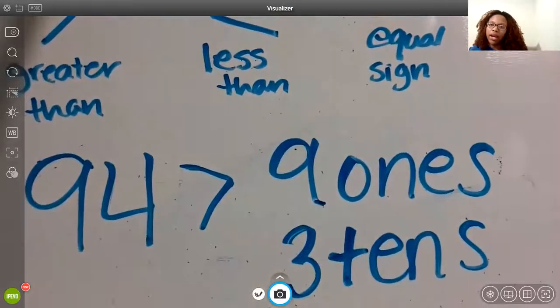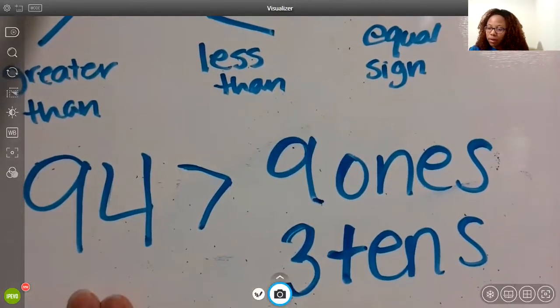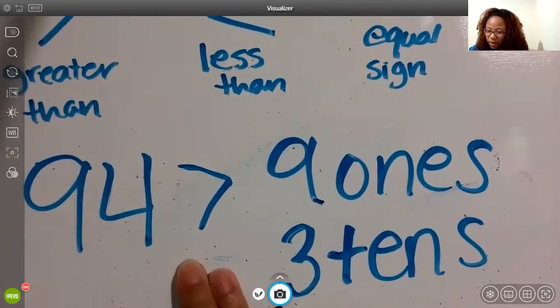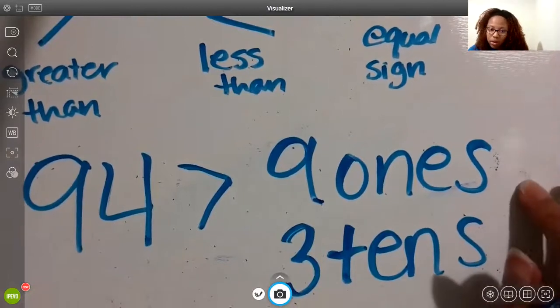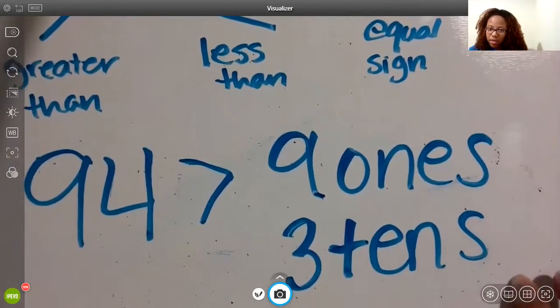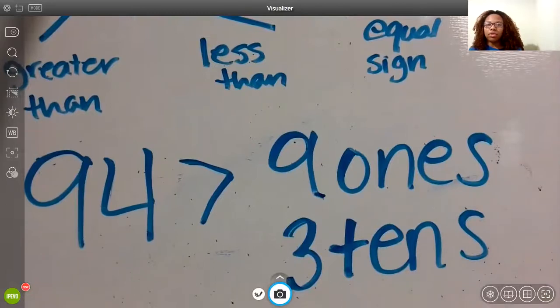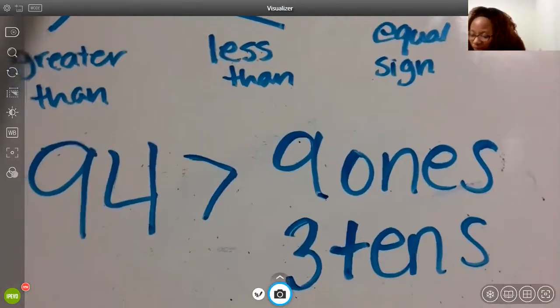Let's read this one all together. 94 is greater than 9 ones, 3 tens. What do you think? Is this true or false? If you said that this is true, you are incorrect.